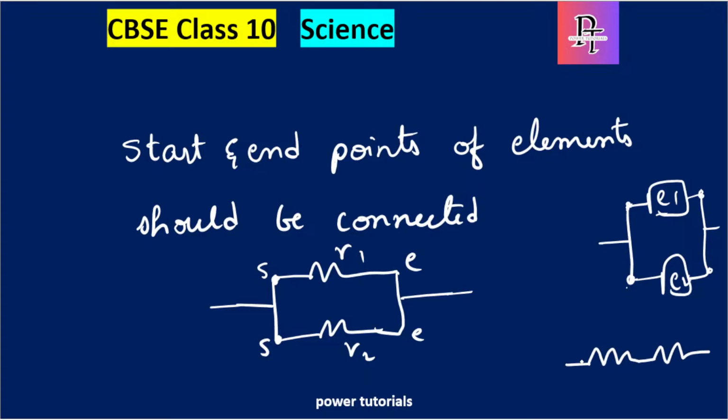The ending of one is connected to the starting of the other, but the other ends are not connected. I mean this start and this end are not connected. Whereas in parallel, both the starting points should be connected and both the ending points should be connected. So if in a circuit you see that starting points and ending points are connected, it's a clear indication that these elements are in parallel.